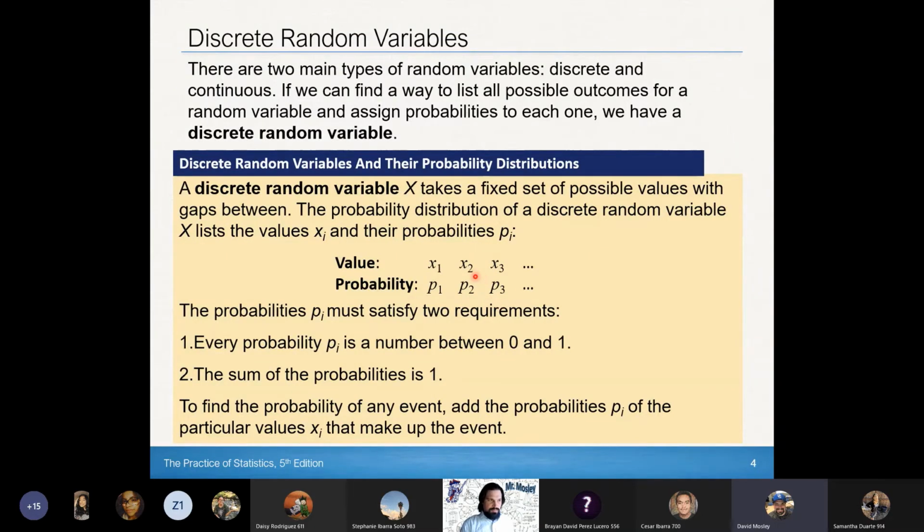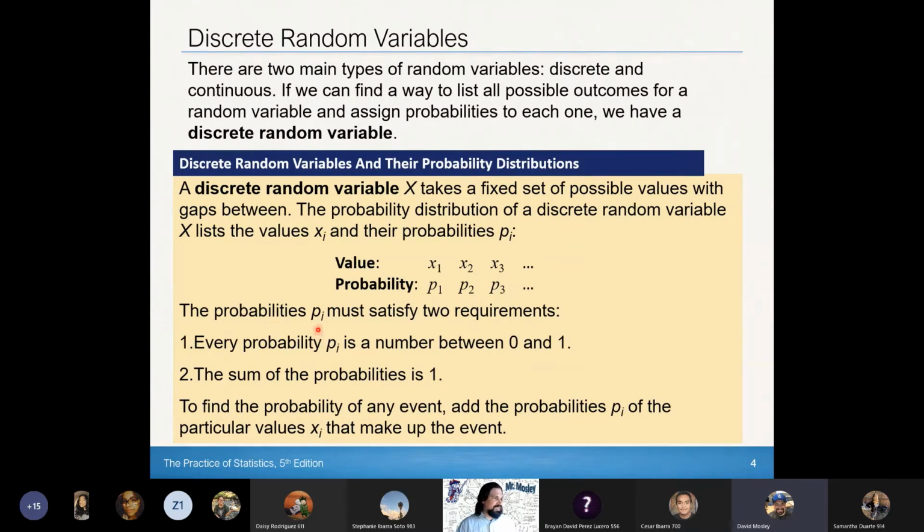We use these subscripts to show that these values are not the same. X sub 1 may not be the same as x sub 2, so we have to use a notation that shows that it could be a different value. Same with the probabilities. P sub 1 might not be the same as p sub 2. Because these are possibly different values, we have to show that with a notation, and that's the subscript.